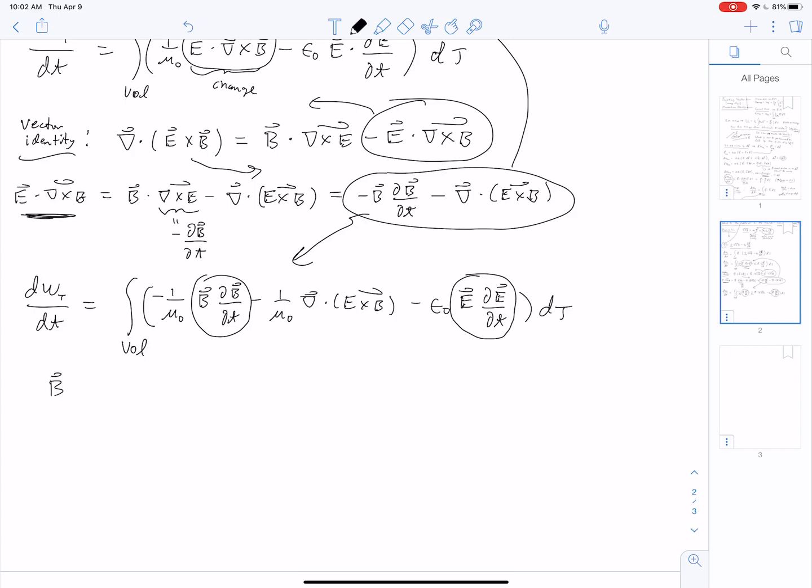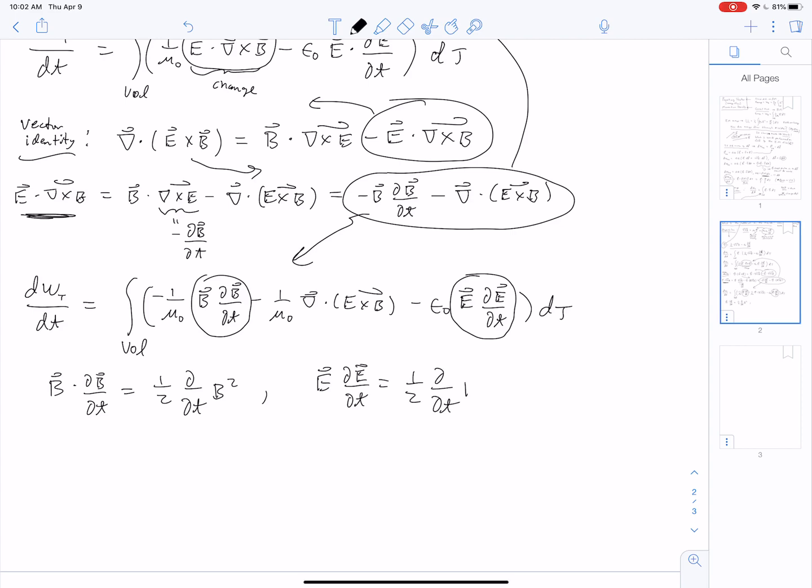If I have B dot dB dt, then I know that that is equal to 1/2 times d dt of B squared, because of chain rule. So just do it and see. They're equal. And by the same token, I see that E dE dt is of course equal to 1/2 d dt E squared.